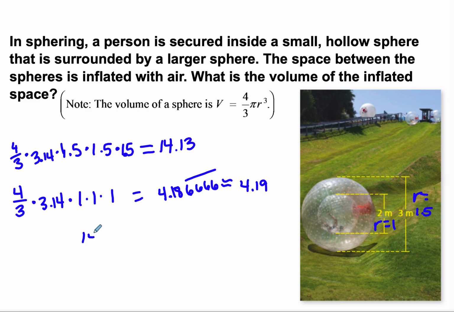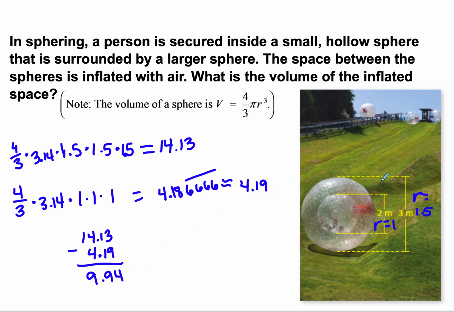So 14 and 13 hundredths minus 4 and 19 hundredths. And when I do that, let's see what I get. And that gives me 9 and 94 hundredths. So approximately 9 and 94 hundredths.